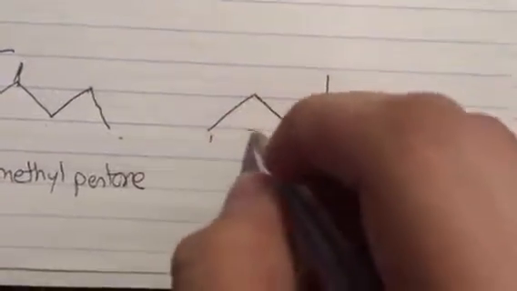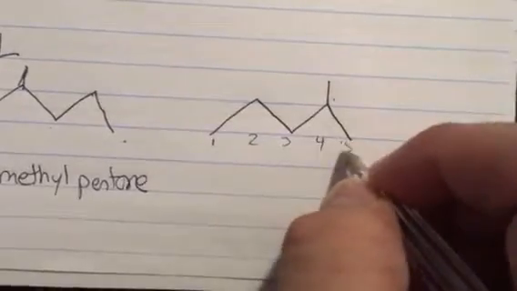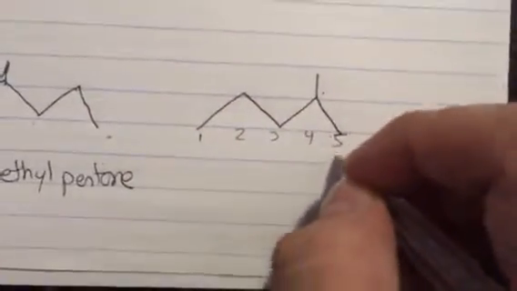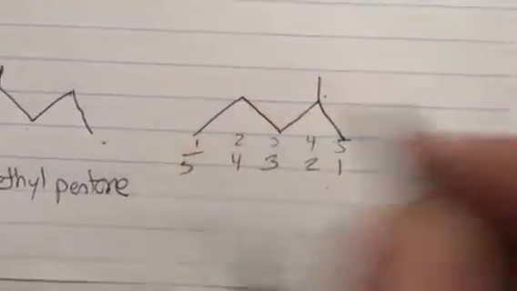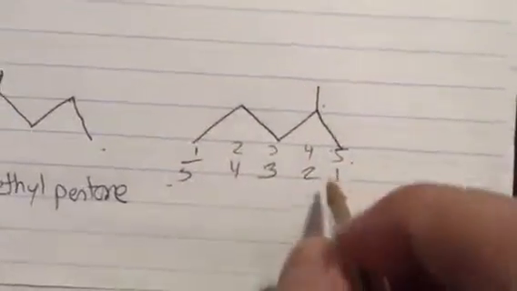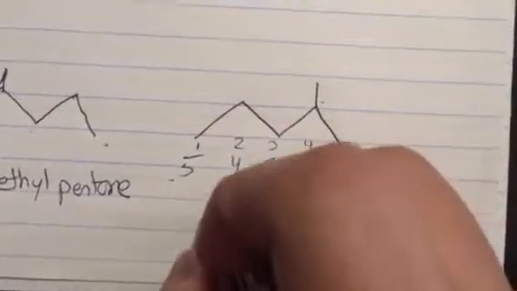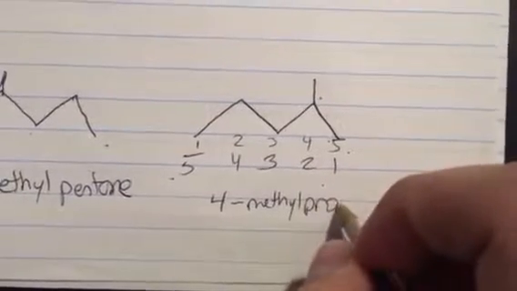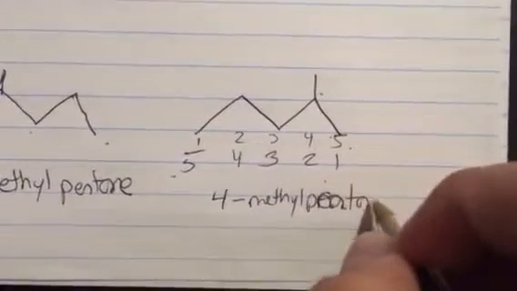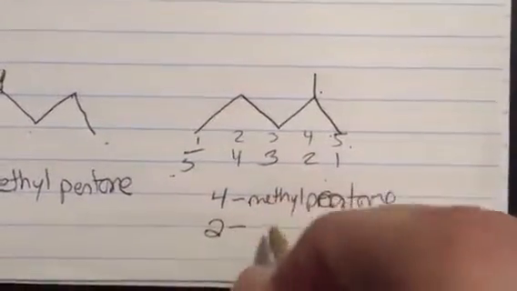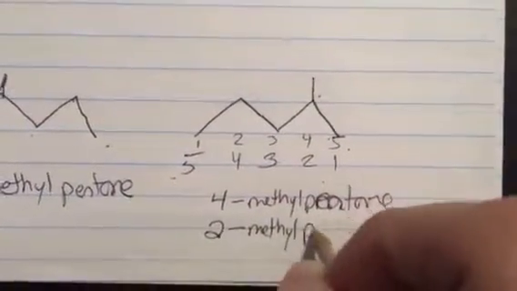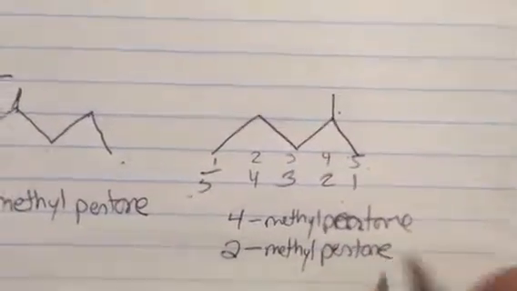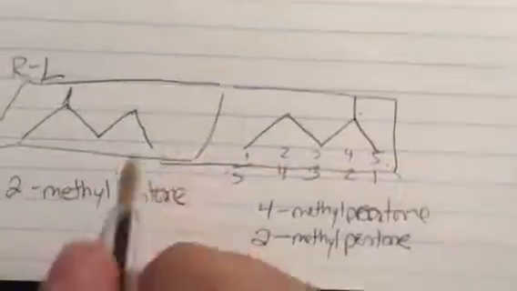Now we could count it 1, 2, 3, 4, 5 from left to right, or 1, 2, 3, 4, 5 from right to left. And what we want is the lowest number possible, so it's not going to be a 4-methylpentane. It's going to be a 2-methylpentane. These two right here are the exact same compound, just turned around.